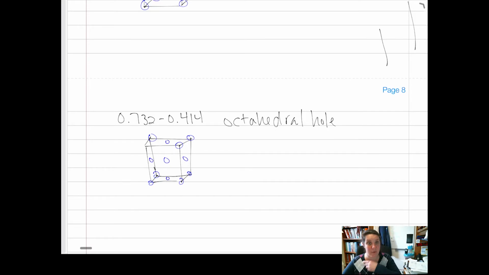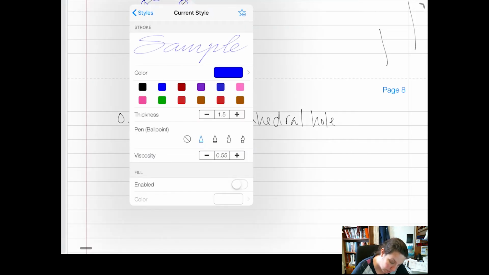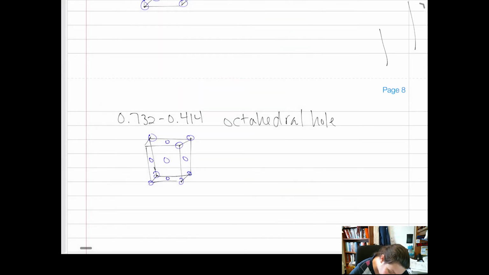We've got a face-centered arrangement for our anions, and then our cations are going to go in the spaces left over, so they'll be on edge pieces. And they'll be as a body piece. Okay? Within a face-centered cubic, there are a total of 4 octahedral holes.